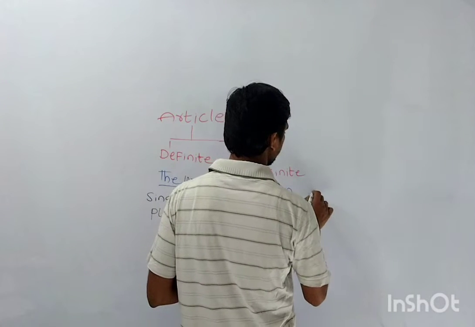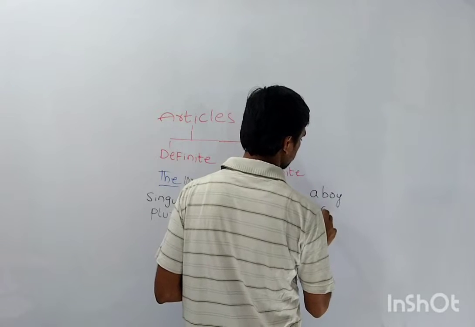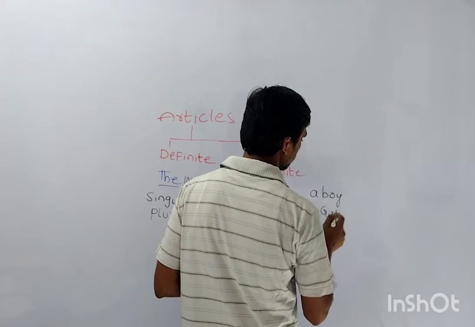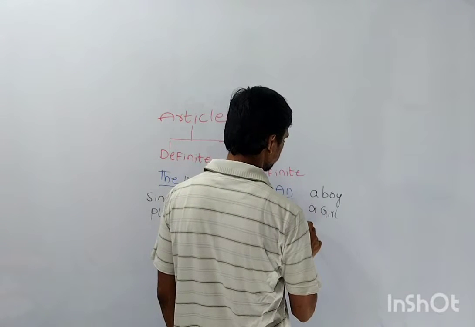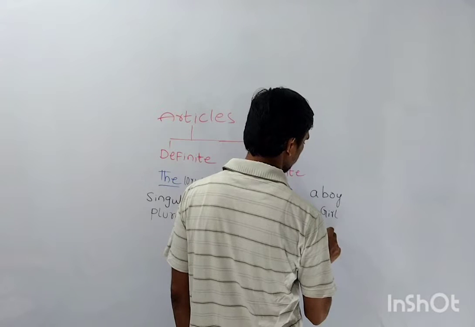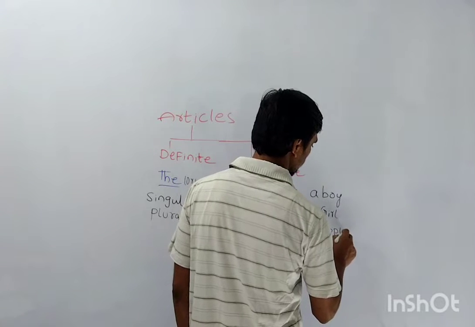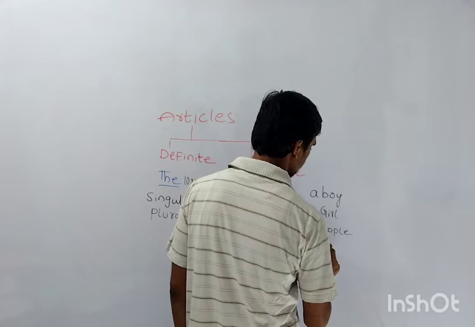For example, a boy, a girl, and also you can use "an", for example an apple, an elephant.